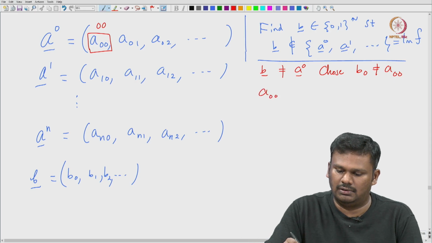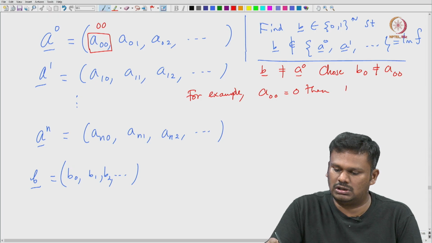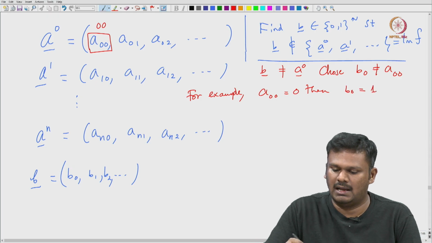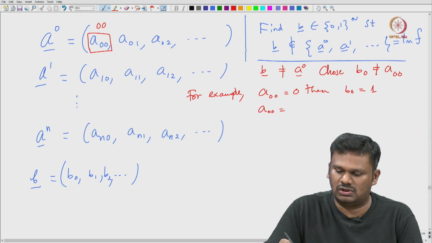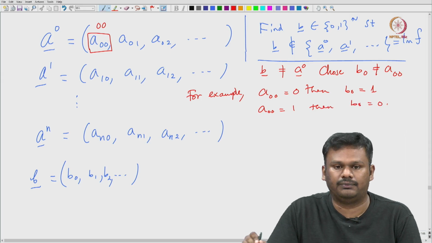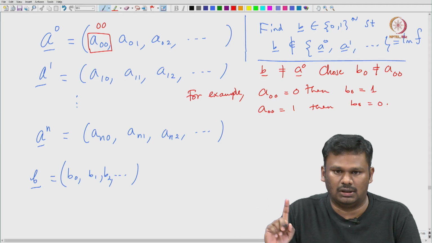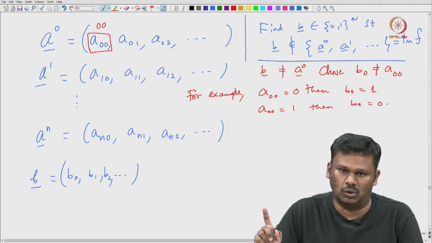For example, if A naught naught is 0, then we choose B naught to be 1 and similarly if A naught naught is 1, then we choose B naught to be 0. Okay. We can always choose the remaining element because there are two elements in the given set 0 1.